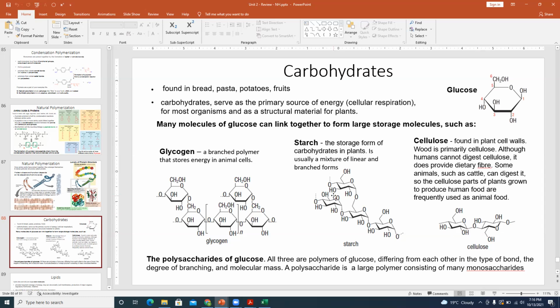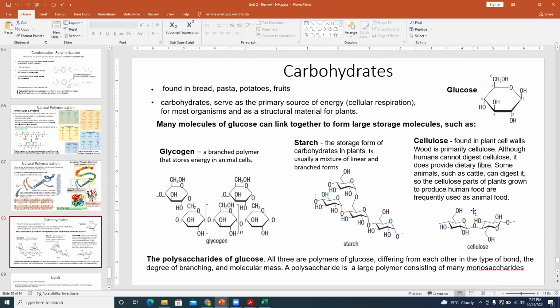For example, in animal cells you can have glycogen, which is a branched polymer of glucose that is a good form of stored energy. You can have starch in plants, and this is usually a mixture of linear and branched forms of glucose as well.